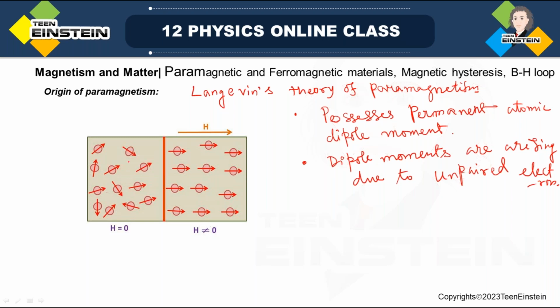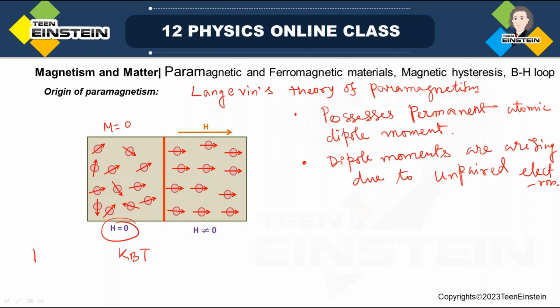Even though there are permanent dipole moments, still we get zero magnetization when we don't apply any external magnetic field to magnetize this paramagnetic substance. Why? Because inside any substance there is some thermal energy, that is kBT.